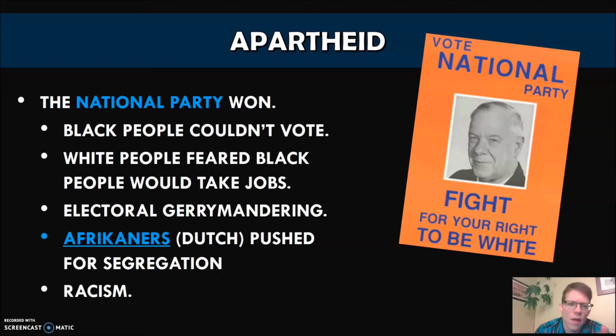Black folks in South Africa couldn't vote. The National Party stirred up a lot of fear in South Africa. They told the white folks that they were going to lose their jobs. The Afrikaners, which, if you remember, were the ancestors of the Dutch, pushed for increased segregation, and there was a lot of gerrymandering going on in this election, which is, if you remember from civics, the idea that boundaries are drawn in such a way that the same people can expect to win the election.